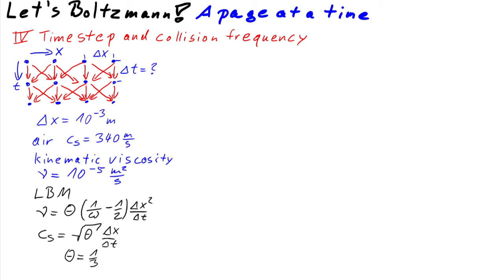So the simplest thing we can do now is the so-called Mach scaling. Or Mach matching rather. This is, we match the Mach number in the reality and the Mach number in our code.